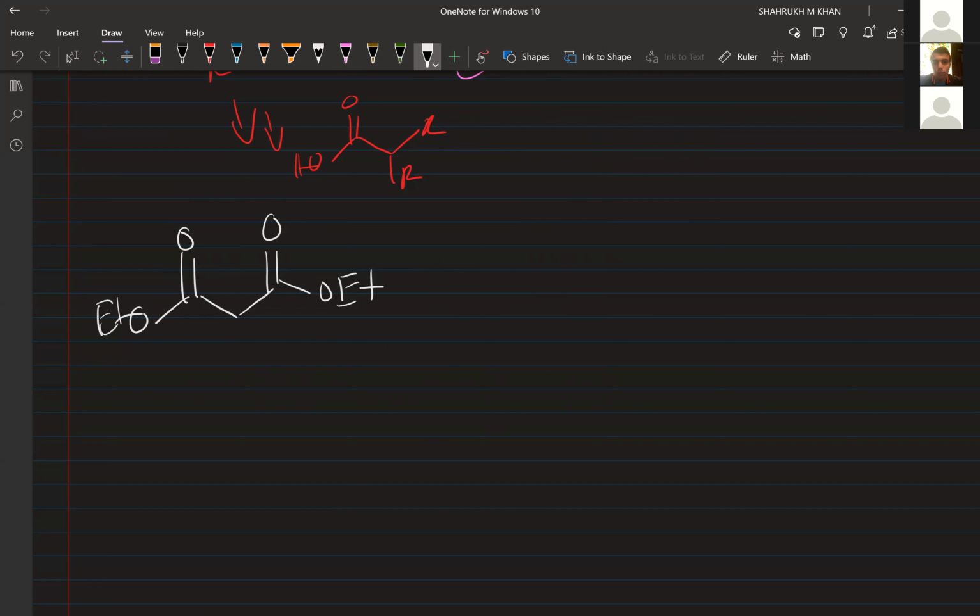If you had, let's say, NaOMe, you could end up forming a side product with OMe here instead. That's why the base you choose has to be the same as the OR group on the ester. So if you got a question like this, but instead of OEts here it was OMes, what base would we use? NaOMe. I just want to point that out.